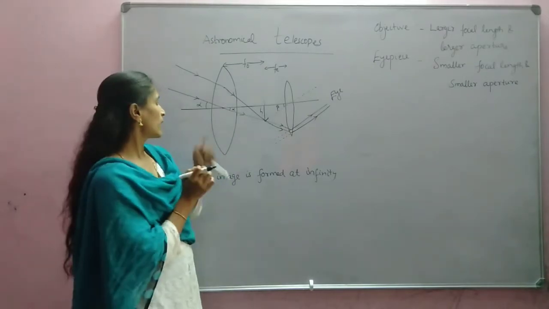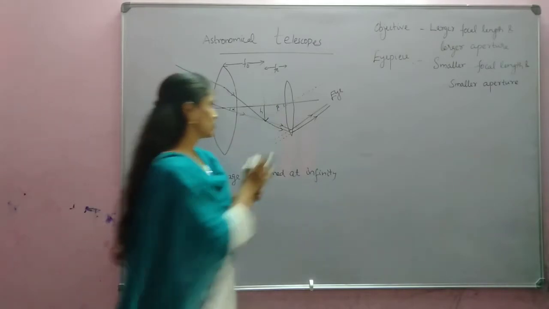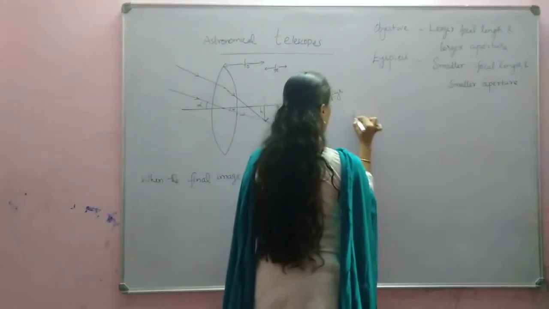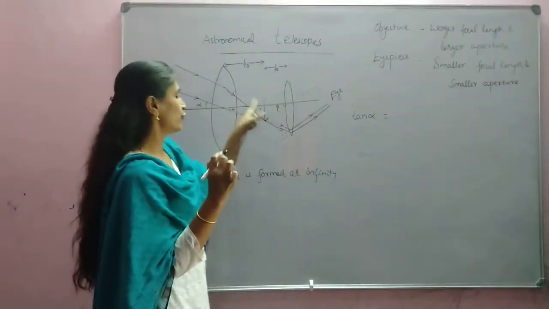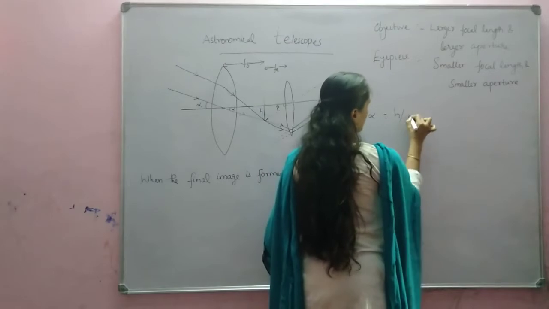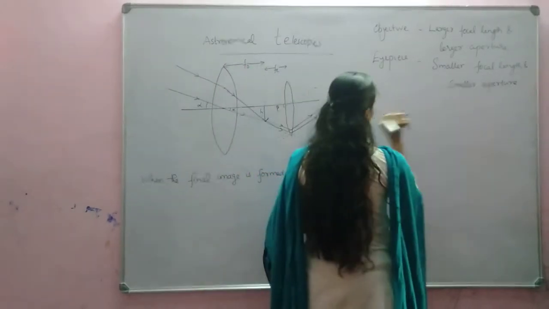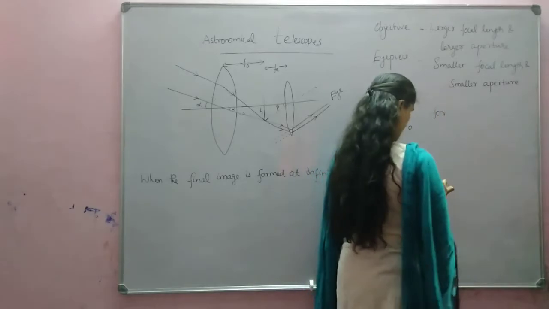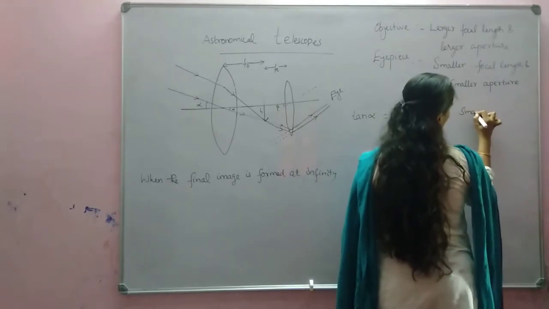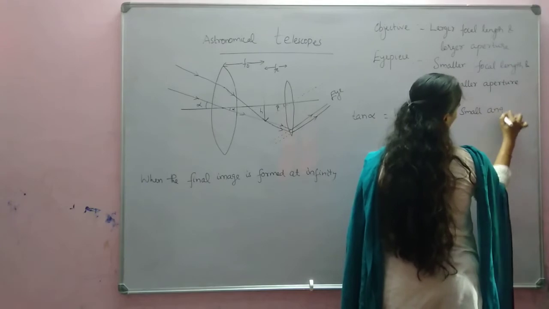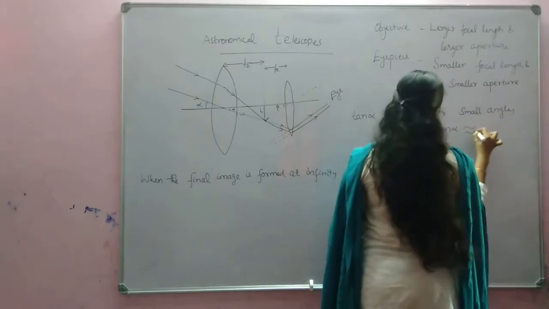For that we can find the angle subtended by the objective and the angle subtended by the final image. So for the angle subtended by the objective we can write tan alpha is equal to h by Fo, and for small angles, tan alpha is approximately equal to alpha.